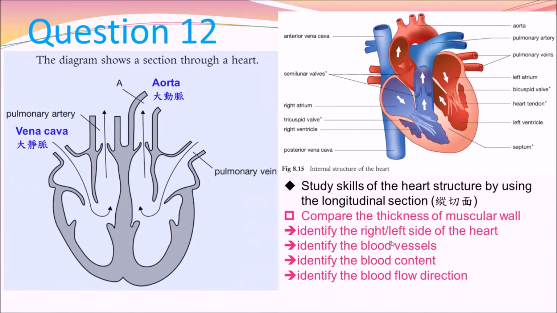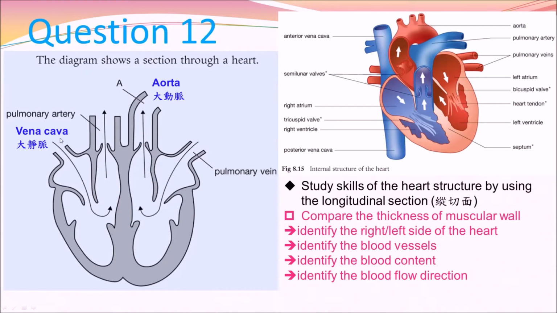Then question 12 is about the heart structure. You are given a section of the heart, and before that, I would like to tell you some skills for observing and analyzing the heart structure. The first idea is that you need to tell which part is the left-hand side or the right-hand side of the heart.